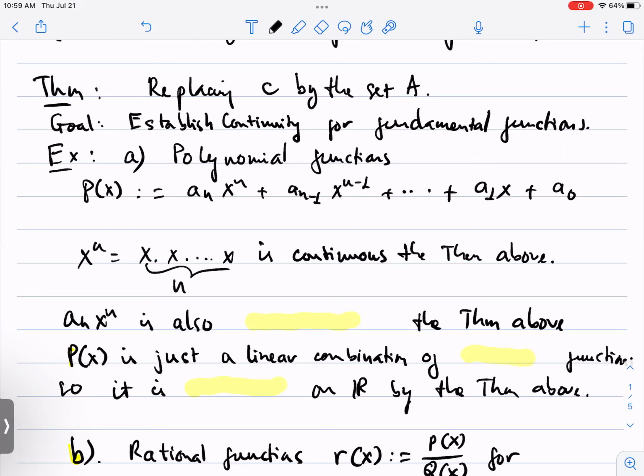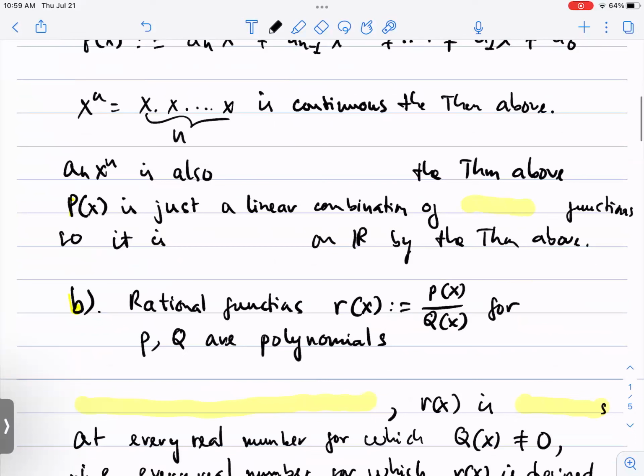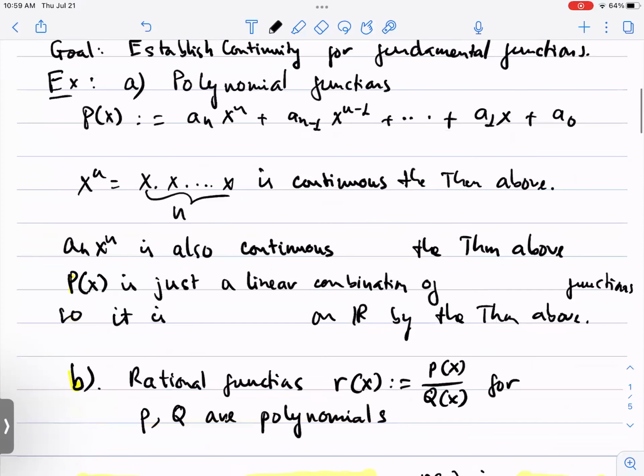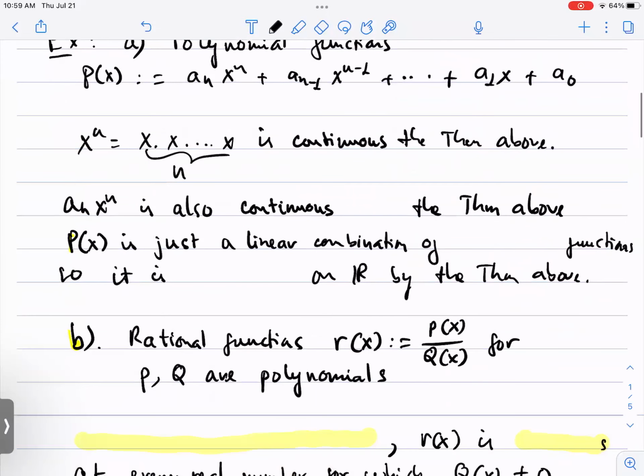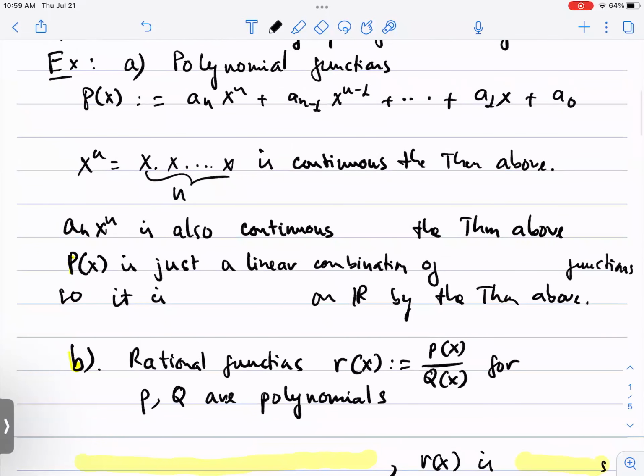Consequently, a_n x^n is also continuous because it is just the multiplication of x^n by a constant. Now, the polynomial p of x, as we see here, is just a combination of continuous functions. So it is continuous on the set of real numbers by the theorem above.